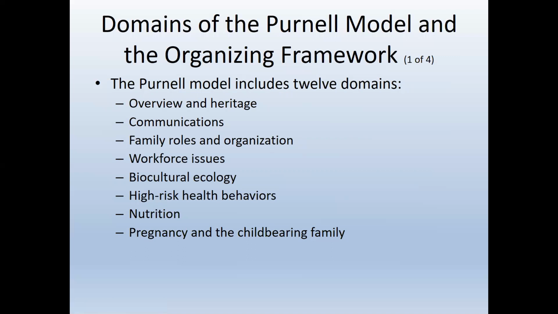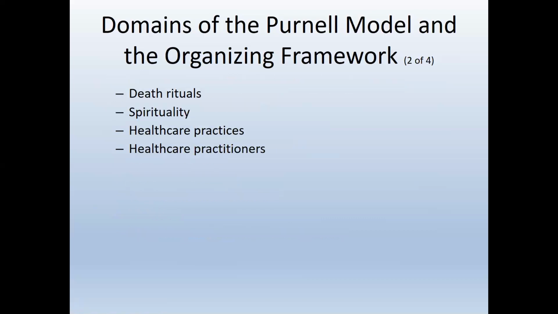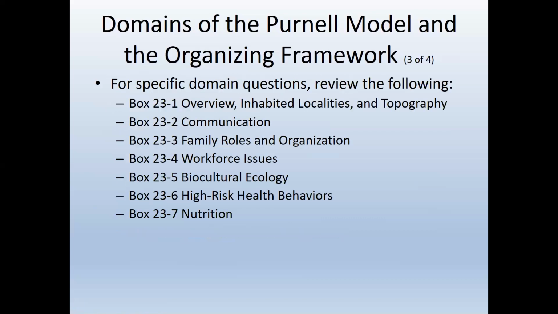As you can see, these 12 domains lend themselves very well to health assessment, right? We could certainly ask about these different things, and depending on a person's self-awareness, they may or may not be able to answer questions surrounding this, or they may or may not understand how those answers influence their health care, the health care you provide.